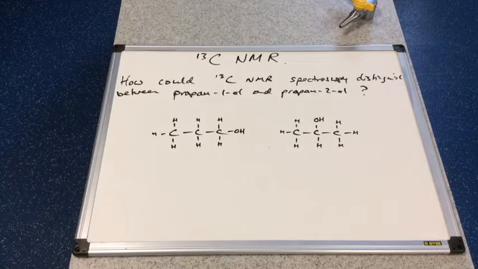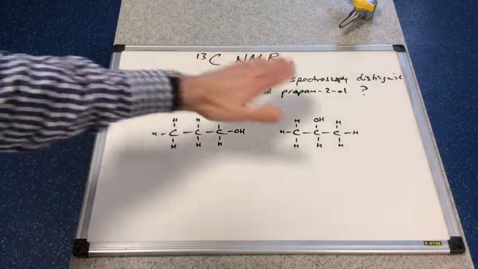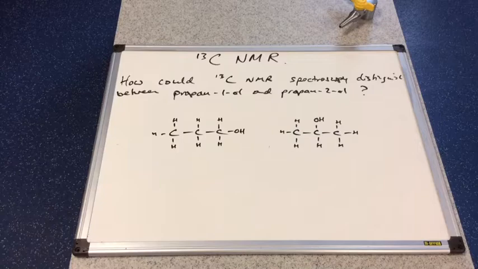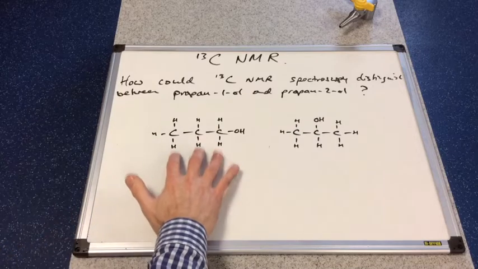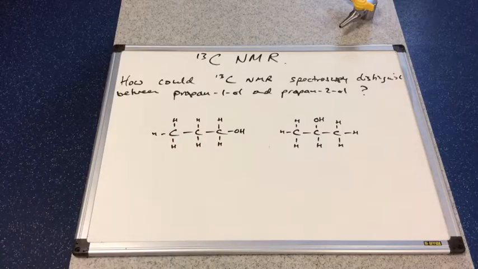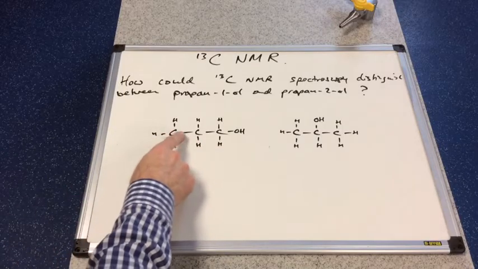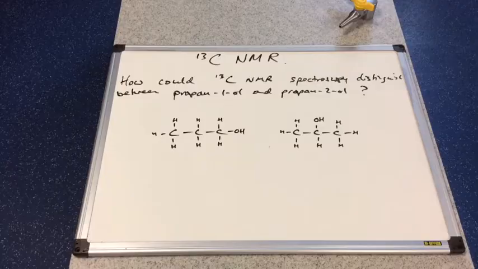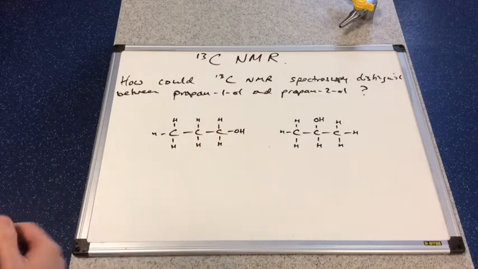So there's the displayed formulae for propan-1-ol, propan-2-ol. How many peaks would you see in the propan-1-ol carbon-13 spectrum? Well, each carbon is in a slightly different environment, and so therefore you would see 3 peaks.